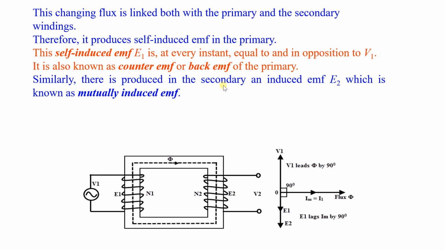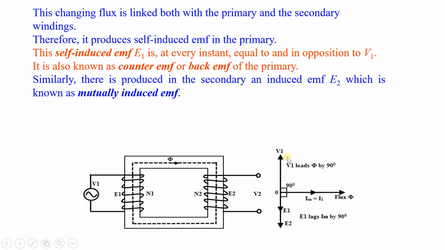Similarly, in the secondary an induced EMF E2 is produced, which is known as mutually induced EMF. The EMF induced here, E2, is called mutually induced EMF, and it is here on the negative side. E1 lags IM by 90 degrees. So this is IM, and E1 lags by 90 degrees.